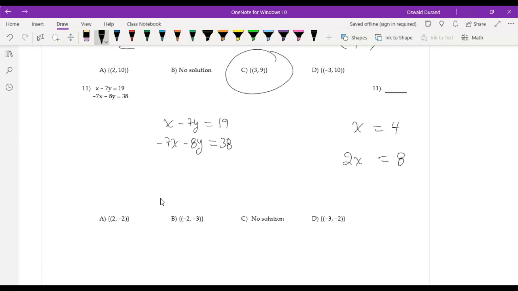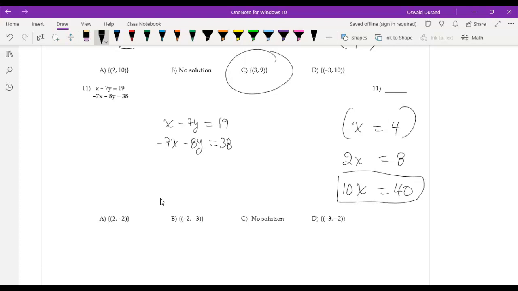How do I know? Well, if I multiply this by 2, what happened? I get 2x equal to 8, right? Another one, if I put 10x equal to 40, again, this equation and this one are also equivalent, are the same.